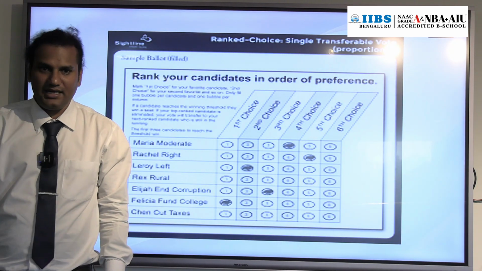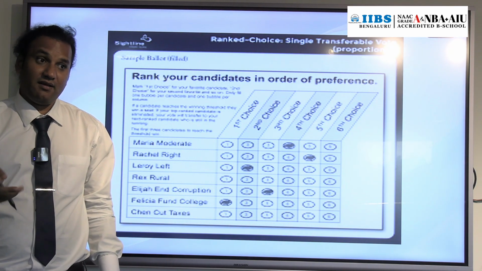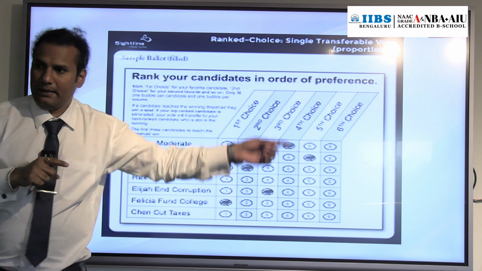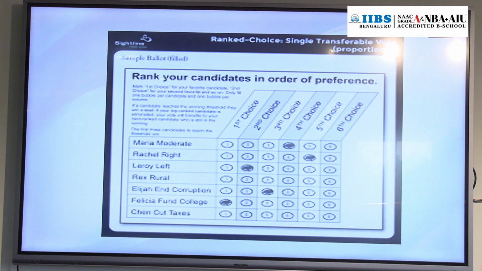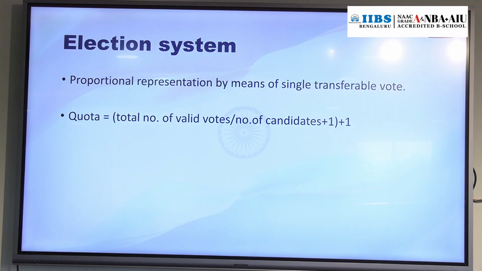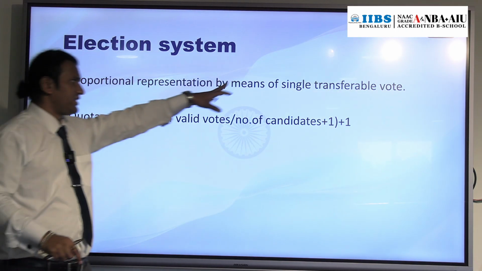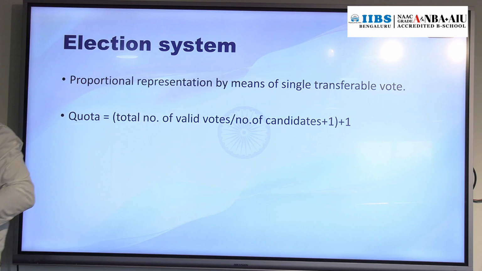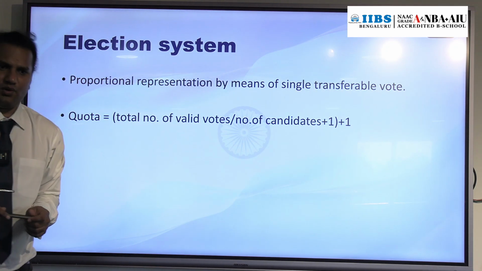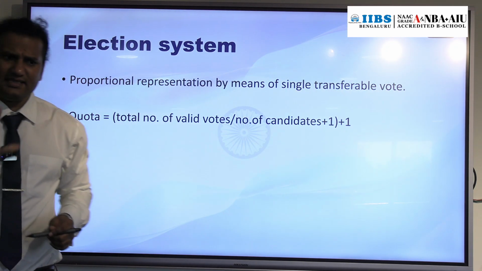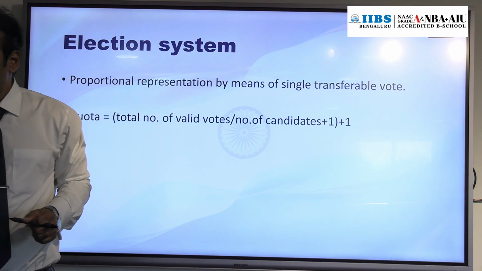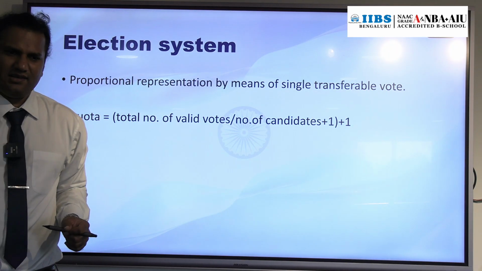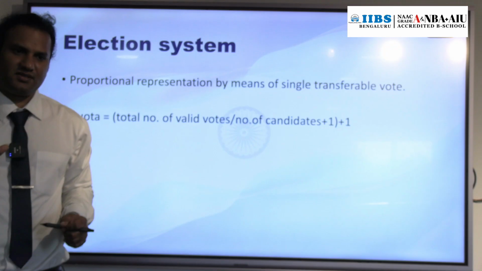Generally, if we vote, it won't be transferred, right? But in case of election to the President of India, it can be transferred. See, proportional representation by means of single transferable vote. So till now, all the Presidents of India have been elected in the first counting, first list only.